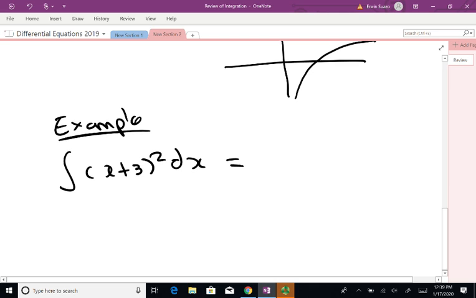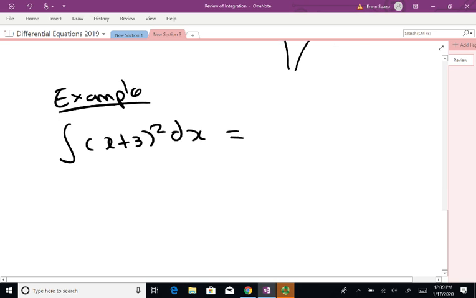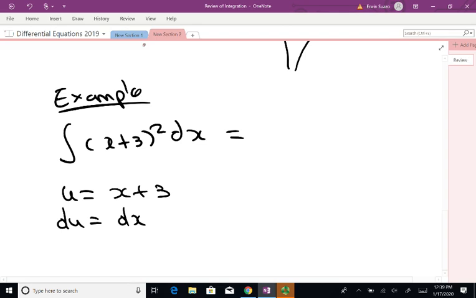How do we find that integral? Substitution, yeah. So what do we do? u equals x plus 3, and then du equals dx. Let me use colors here.